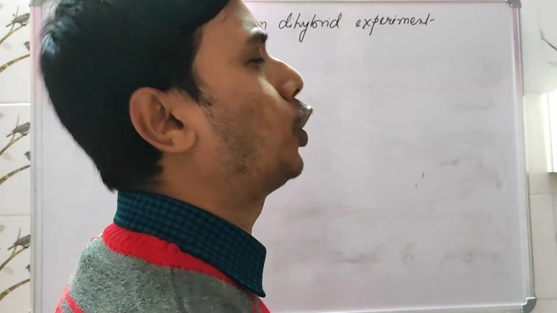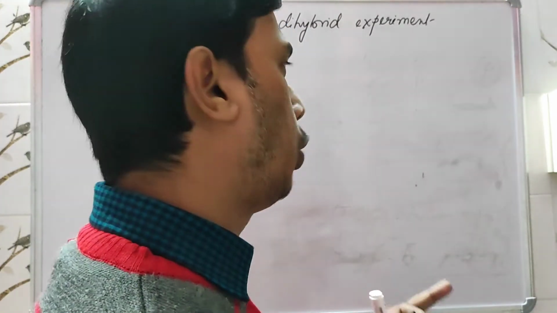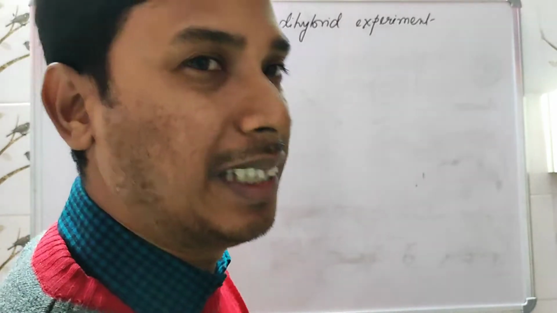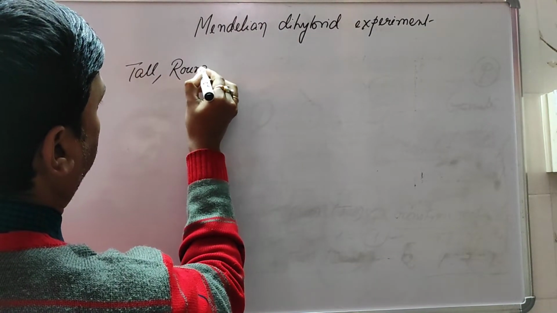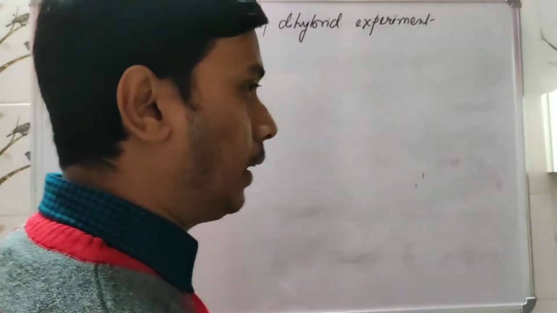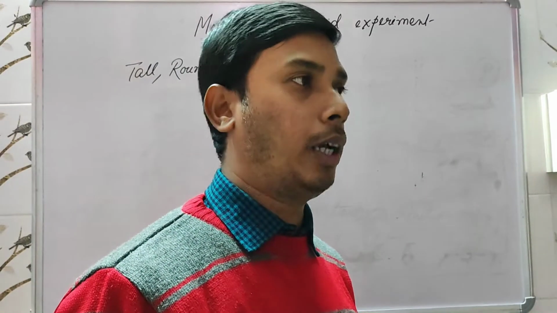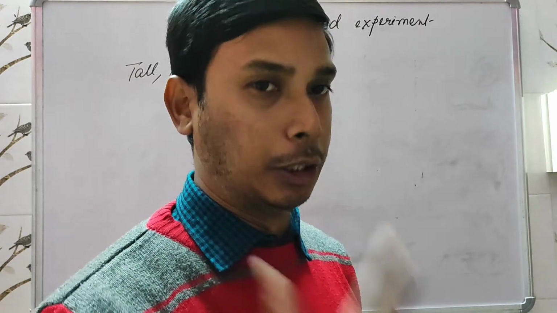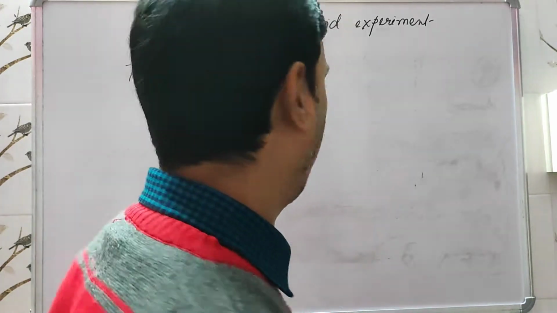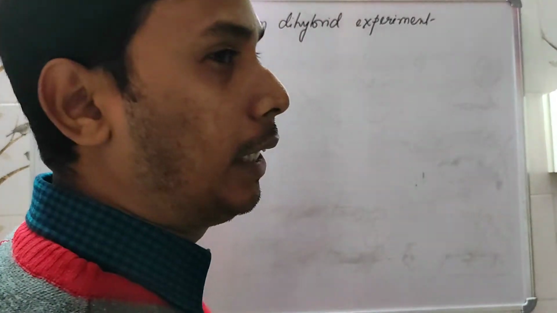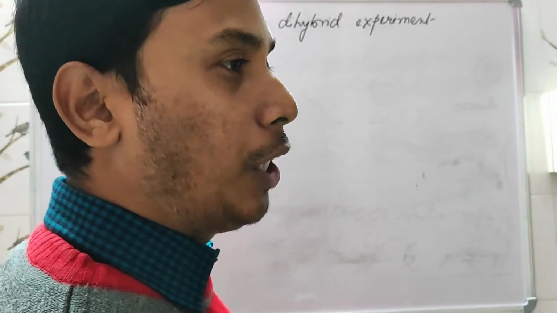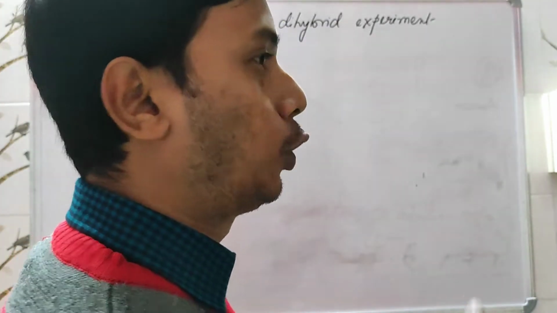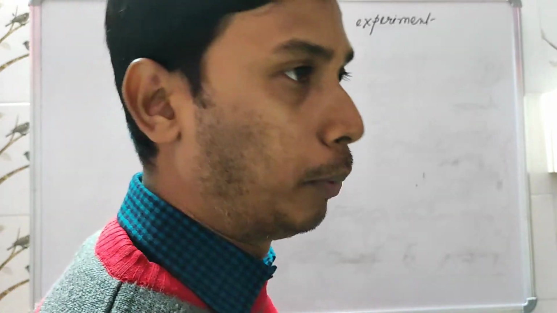Suppose I am taking the shape of the seed: tall pea plant with round seed. So I am taking the height and I am also taking the shape of the seed. I have written tall, which indicates the height of the pea plant, and round, which indicates the shape of the seed, which Mendel actually used in his experiment.